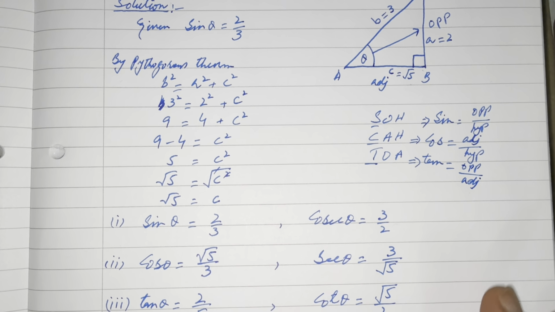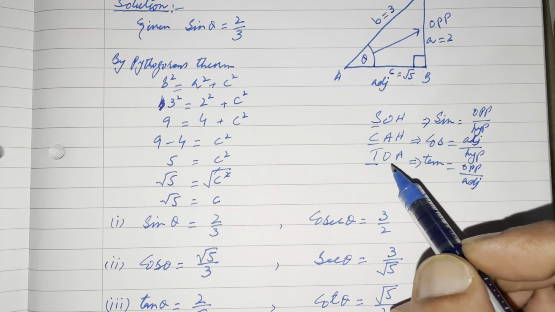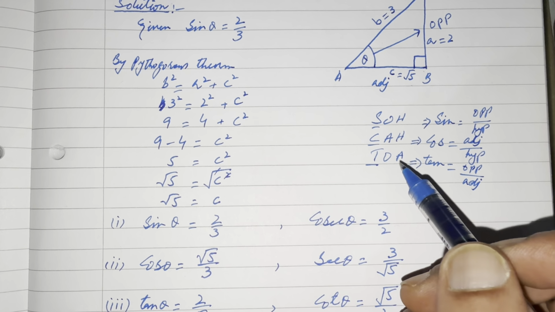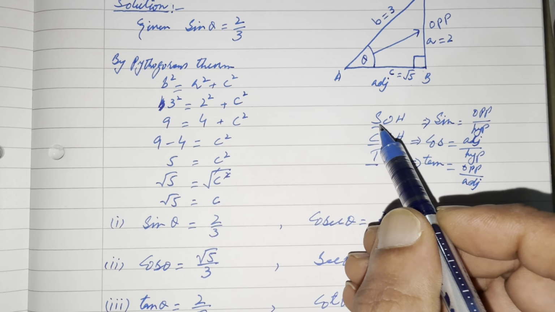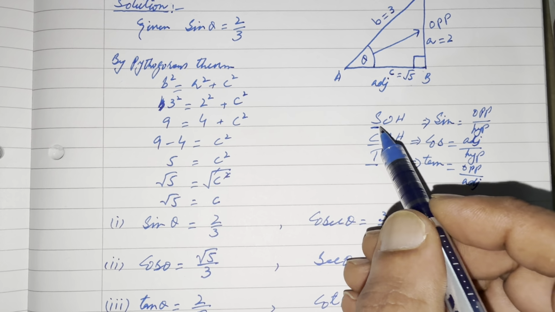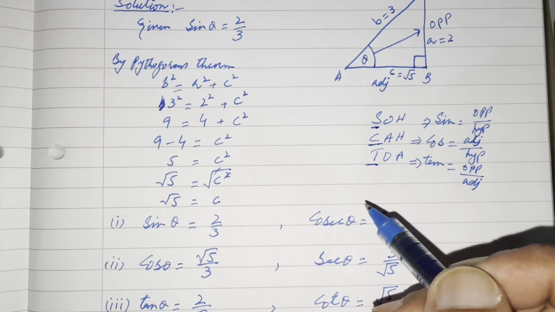So that's the way we can find the first three important ratios, and then with the help of these three we can find the other three. So these three magical words show the ratios of sine, S for sine, C for cos, T for tangent.